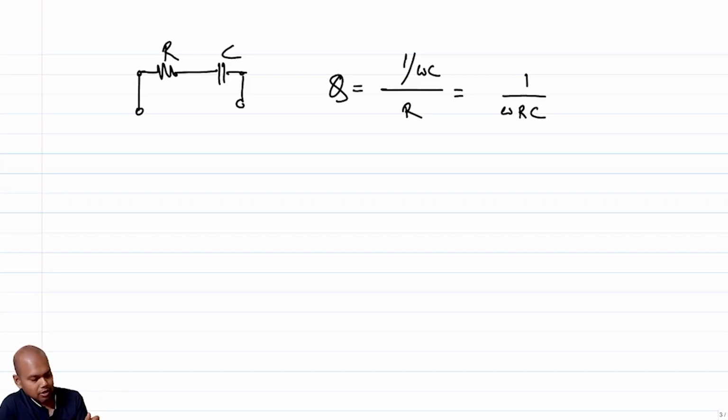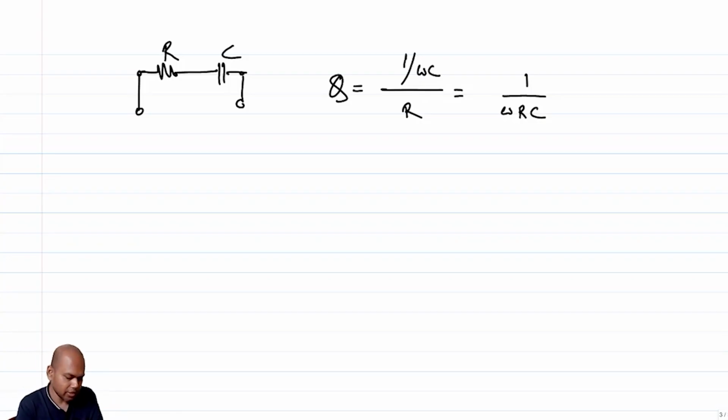Now the thing is, with one R and one C, or one R and one L, you can have series or parallel combinations of R and L and R and C, right? So do you think the quality factor expression will change? The definition doesn't change, but do you think the quality factor expression will change? Let's see, right?